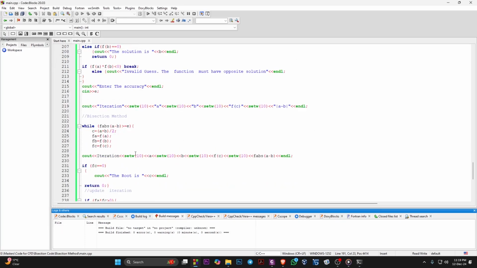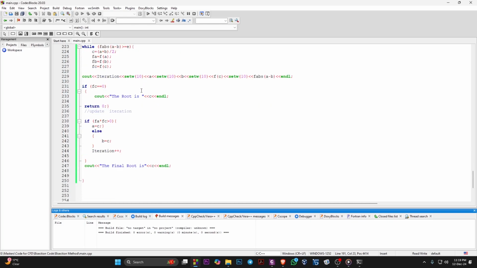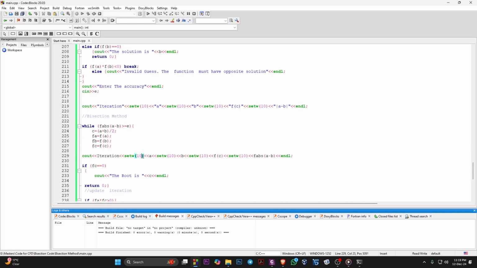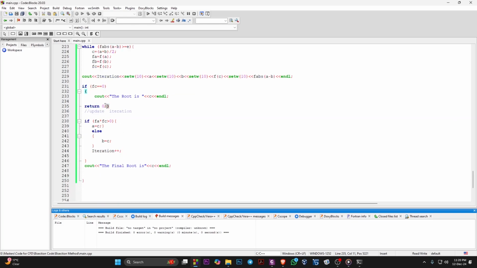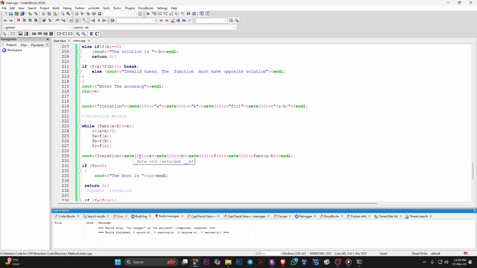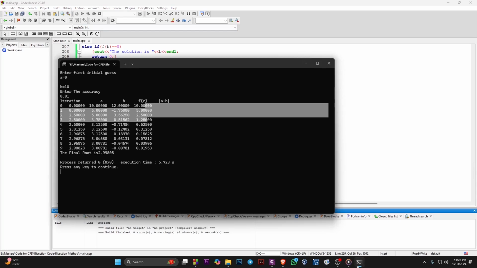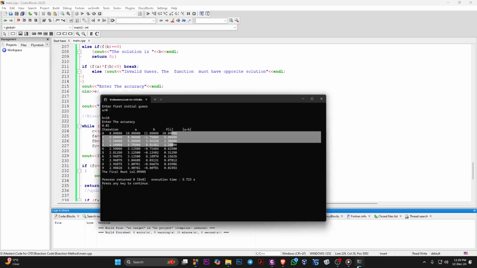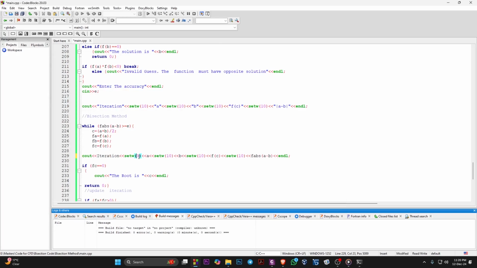I'd like to make something more. Iteration set 10. Take 20.